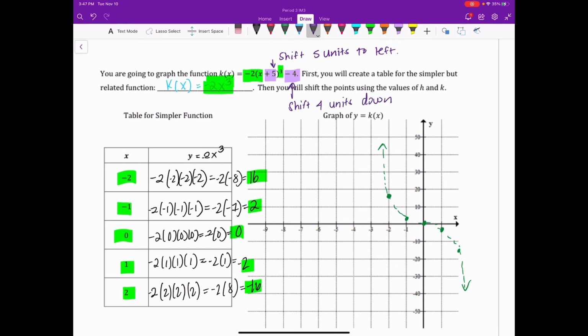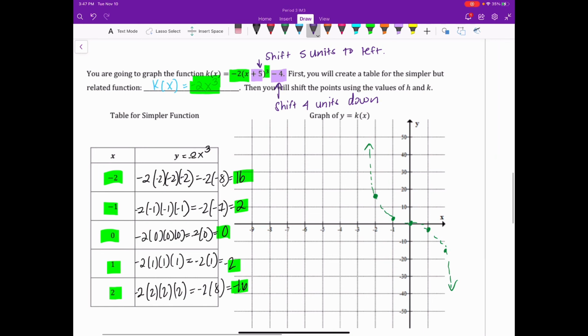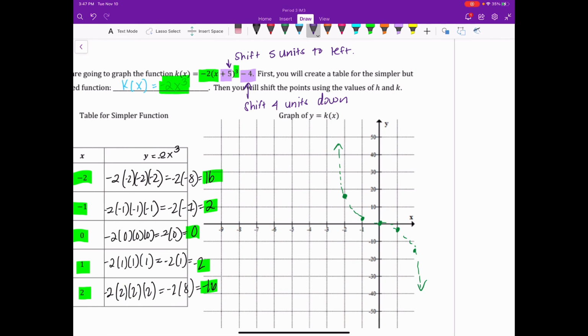So I need to do that to every point over here. So this point, this first point, I'm going to move it 5 units to the left. So 1, 2, 3, 4, 5, and then 4 units down. And then remember, the scale is going by 10, so it's not too much.